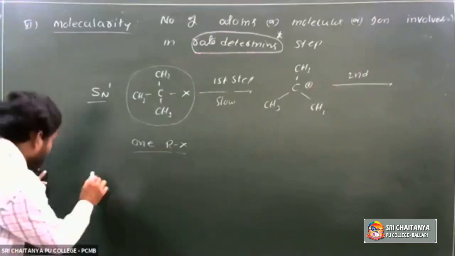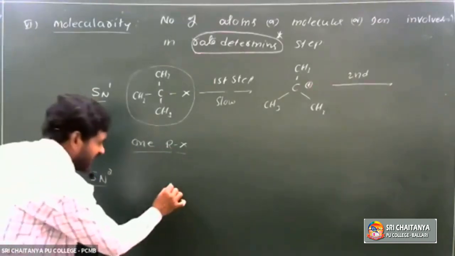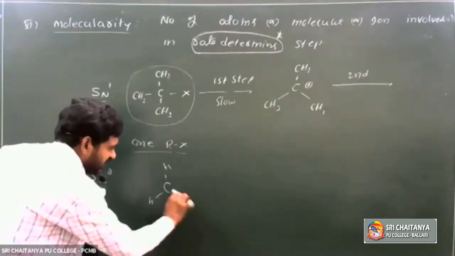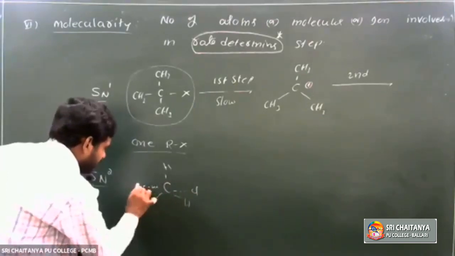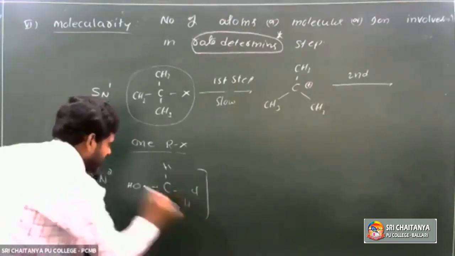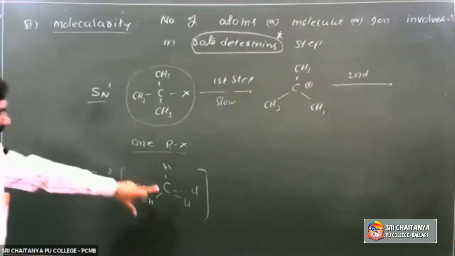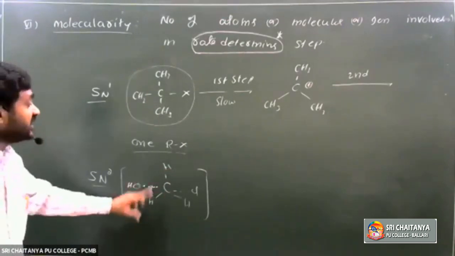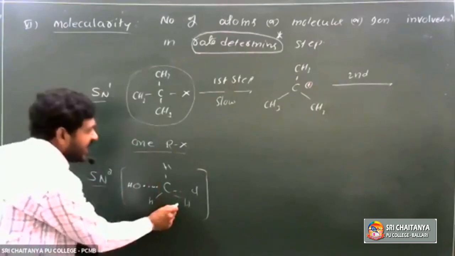But in case of SN2 mechanism, a transition state is formed. The reaction takes place in a single step. It depends on both alkyl halide and nucleophile. So molecularity is 2. Here 2 molecules are involved, nucleophile and alkyl halide.